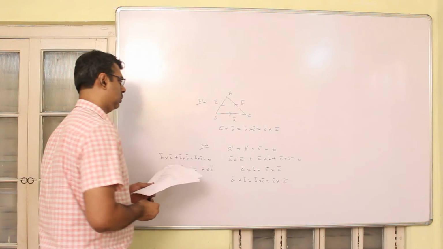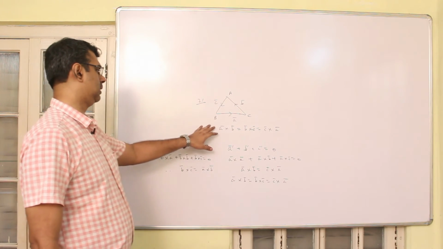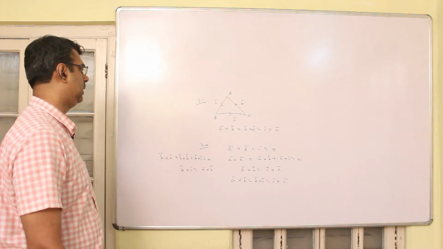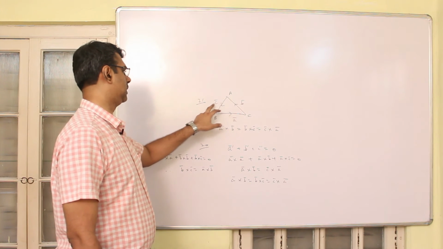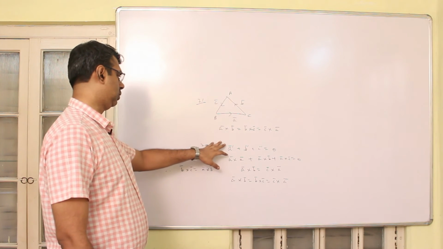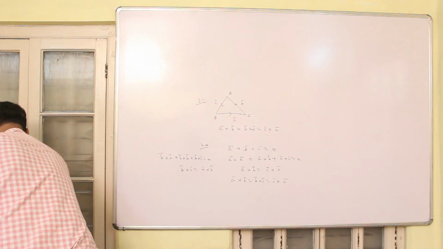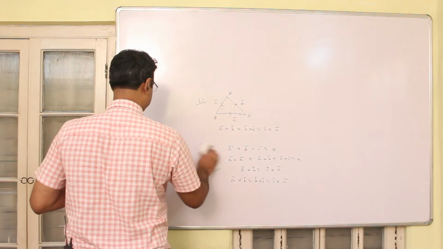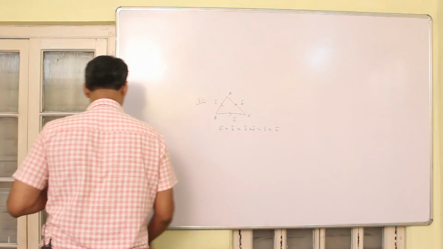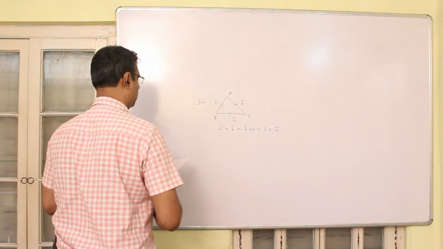Incidentally, there is no need to do this because we have already done this in the previous sum number 20. You can see that A plus B plus C is 0, and similar to number 20, if you proceed, you will get this result.